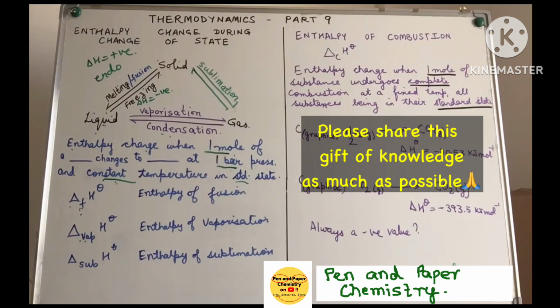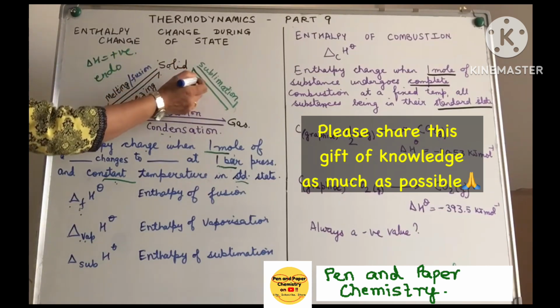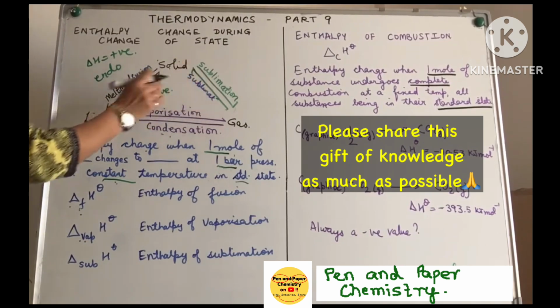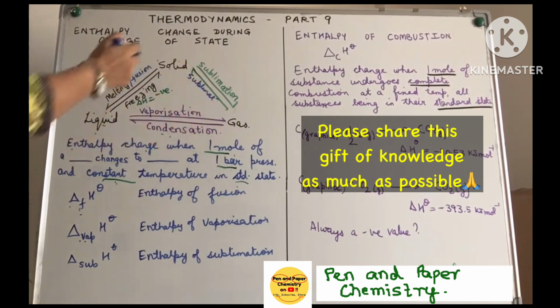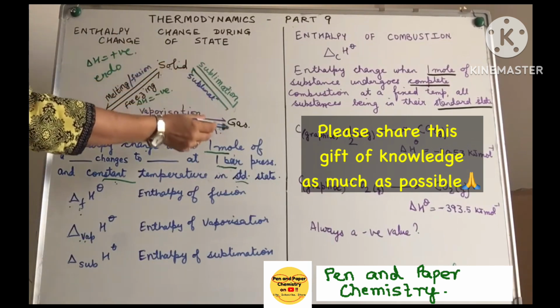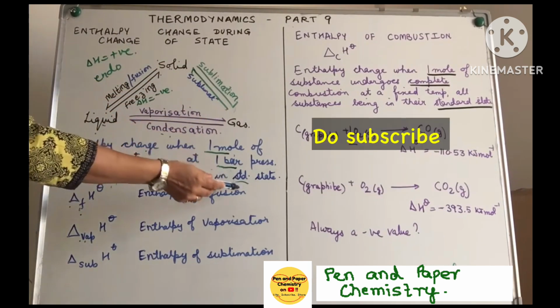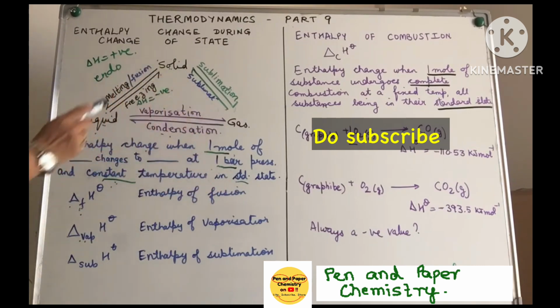Naphthalene, camphor, all these sublime. So both the processes are known as sublimation only. The enthalpy change, again, when 1 mole of the solid is changed to gas at 1 bar pressure, constant temperature in standard state is what we call the enthalpy of sublimation.